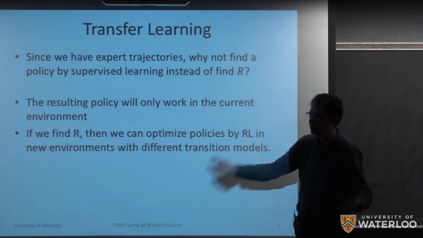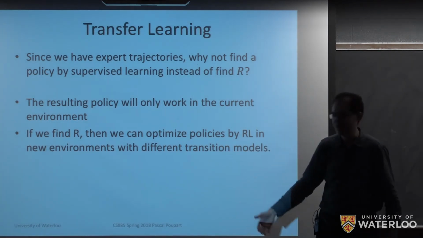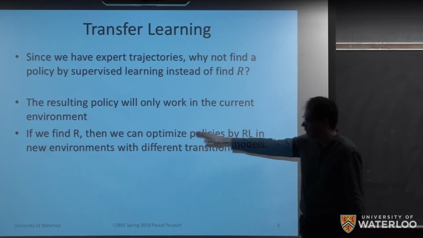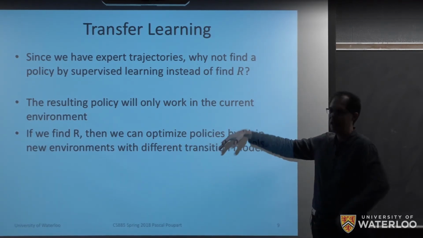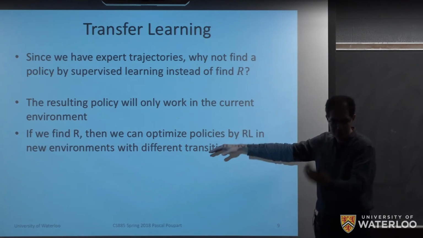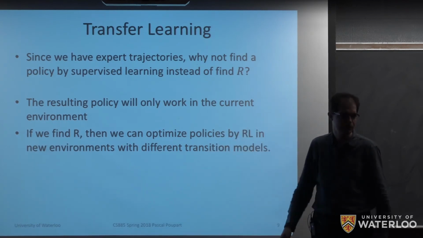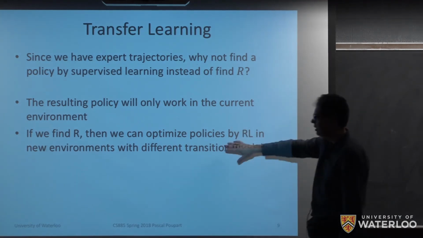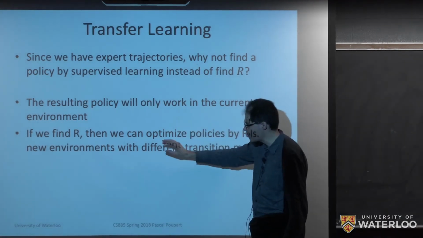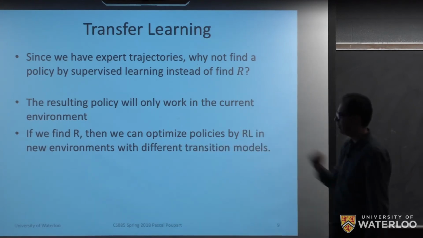We don't know what it is, but it's not exactly the same, right? So then you're better off just finding the reward function R, and then using that as your objective, optimizing a new policy by reinforcement learning in that new domain. Okay, so that's why, again, going through this trouble of finding R is valuable here.